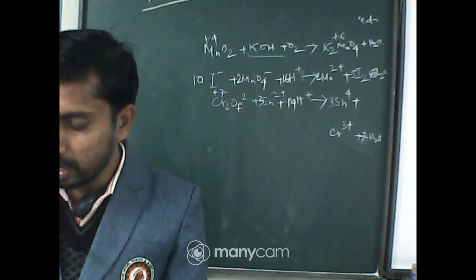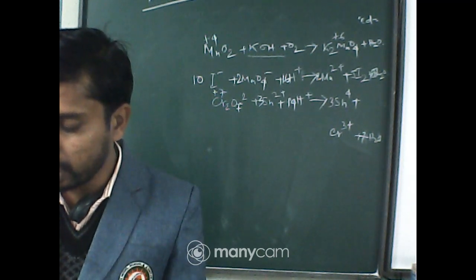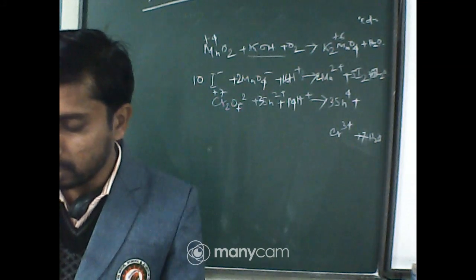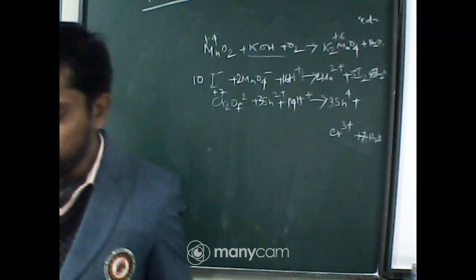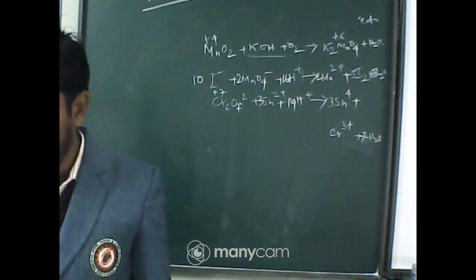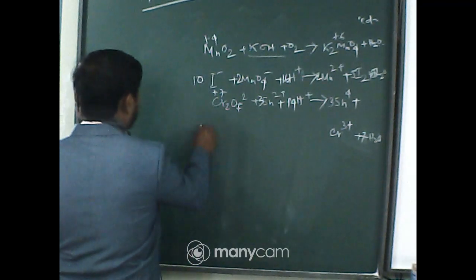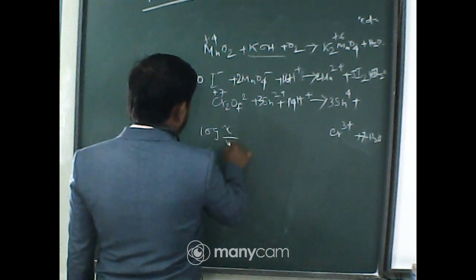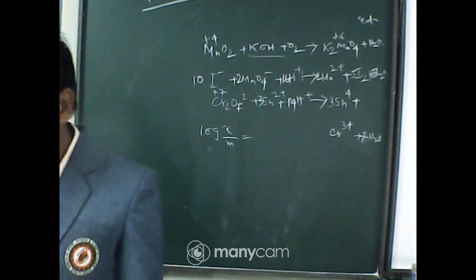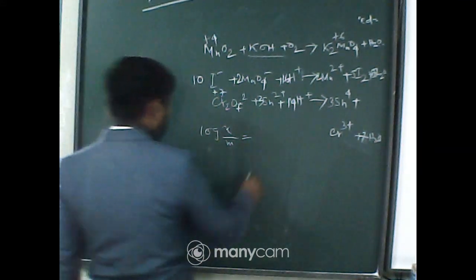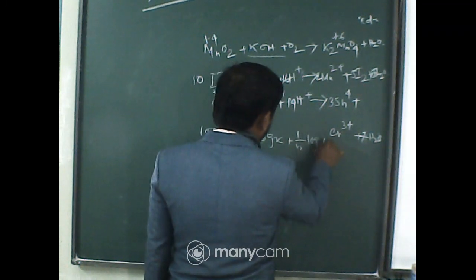Next one, Freundlich isotherm becomes independent of pressure at high pressure for a gas adsorbed on a solid. Freundlich isotherm is log x by m equal to log k plus 1 by n log p.